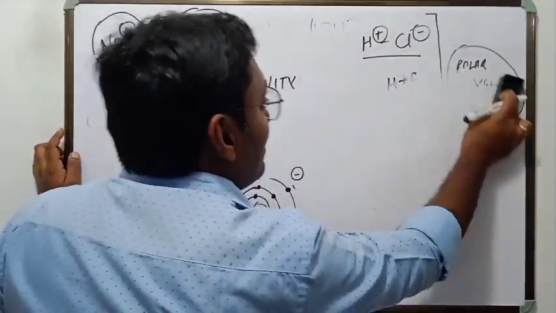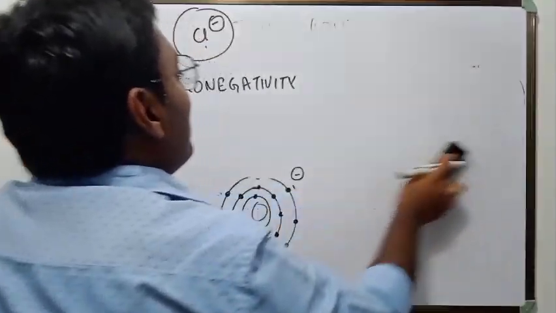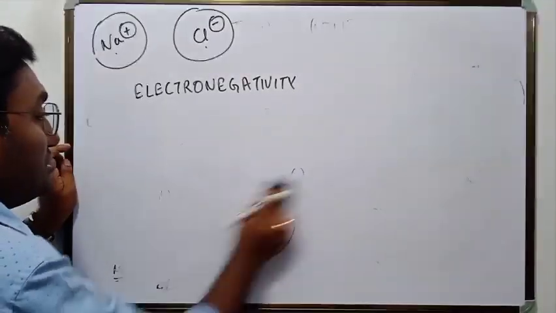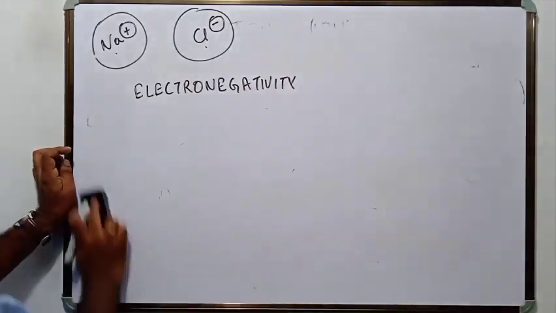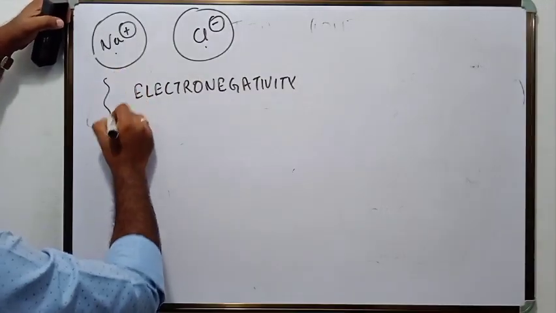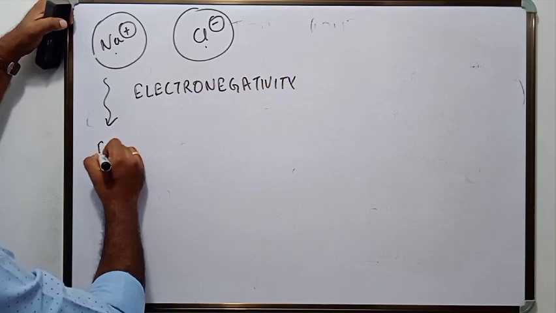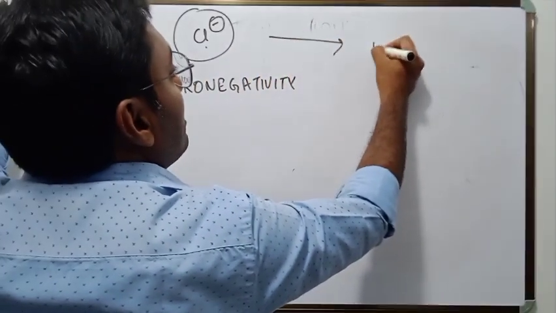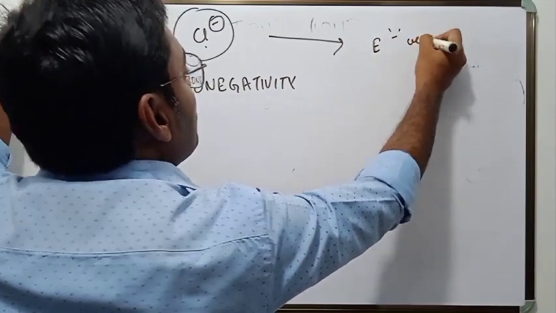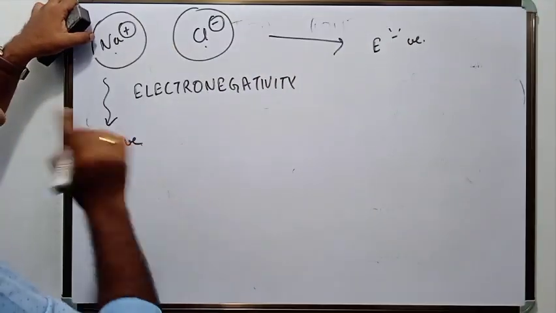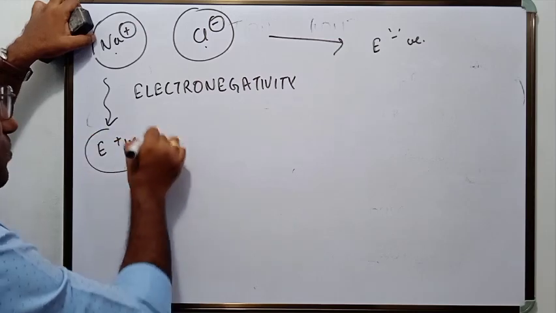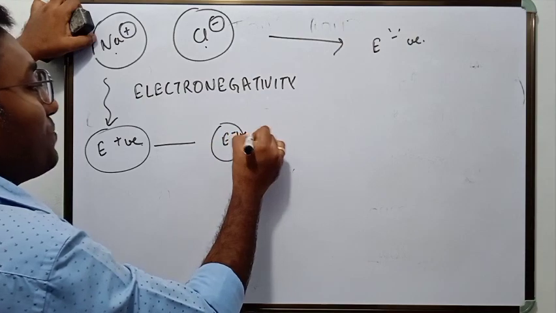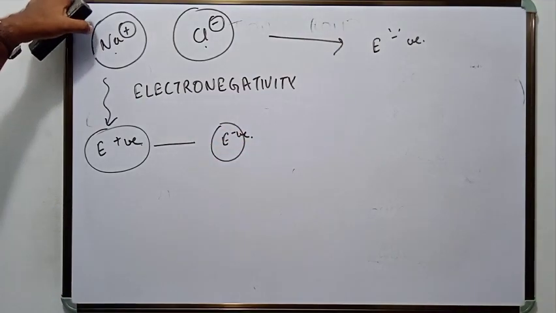It is different from our ionic bond, where ionic bond is formed between two atoms with significant electronegativity difference. That is to say that one atom will be highly electropositive and the other atom will be electronegative. So you can say that the bond is formed between a sufficiently electropositive atom and a sufficiently electronegative atom.